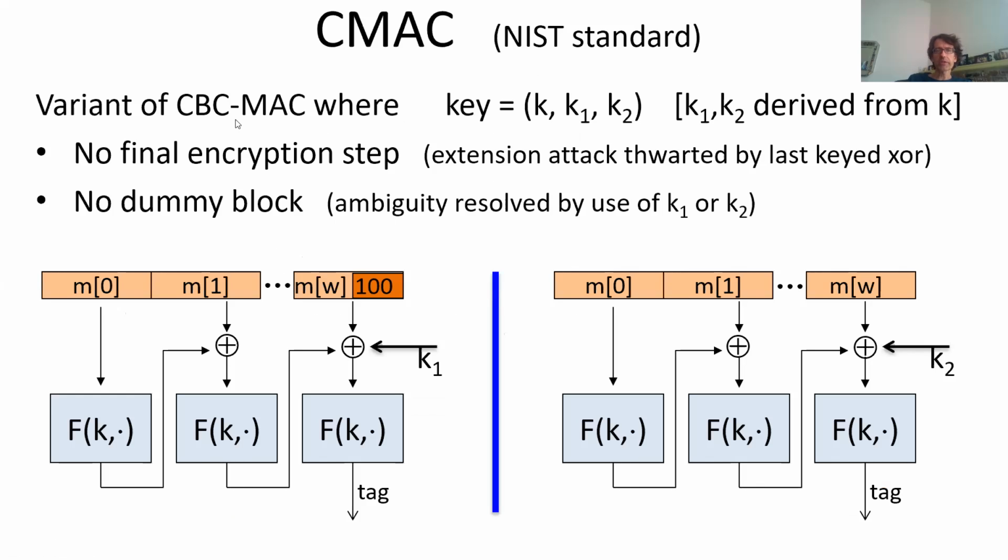So here is CMAC, which is a NIST standard version of CBC MAC. It actually optimizes CBC MAC in exactly 2 ways. It has no final encryption step.